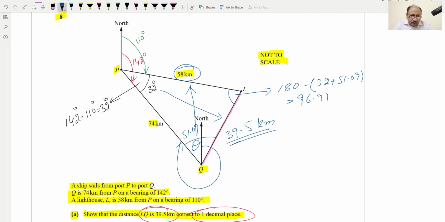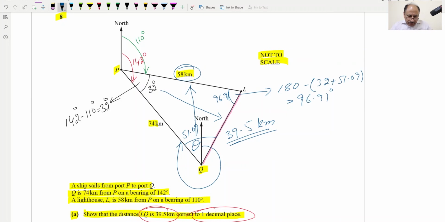So we can check this angle will be 96.91. So we can write here 96.91. Basically this will be the angle.